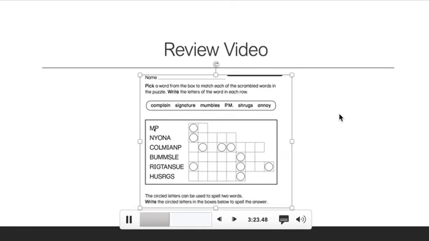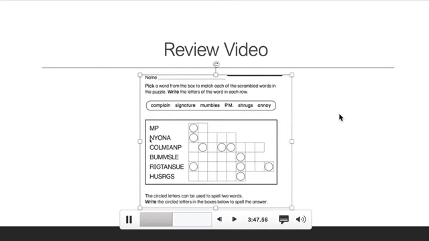So MP. Which of these? That one's pretty easy because it's got 2 letters, and the only word in the box with 2 letters is PM. So you're going to write PM. Next, look at this word. Now my trick for doing these is to look at the consonants.